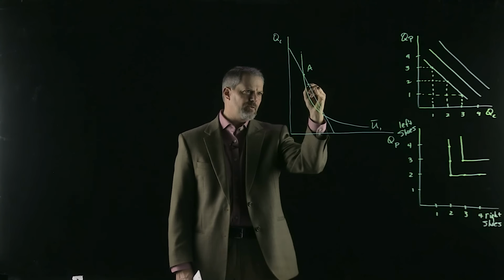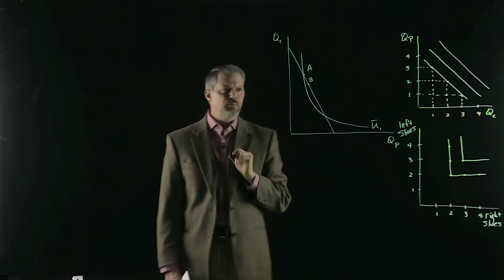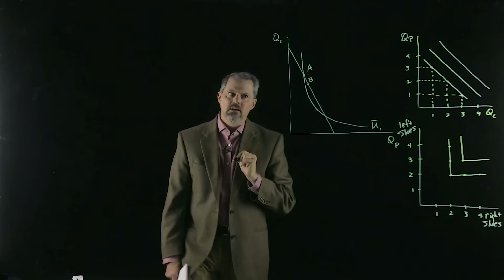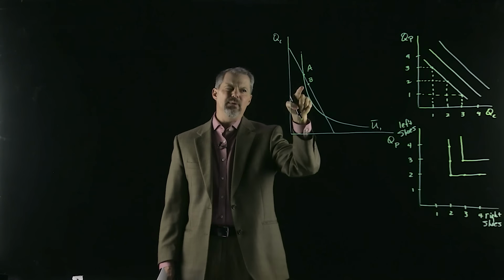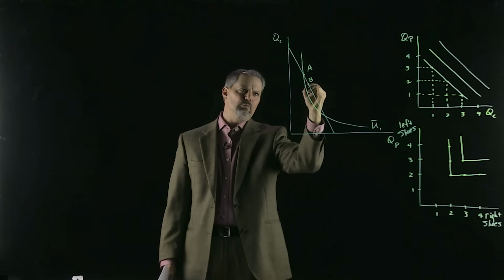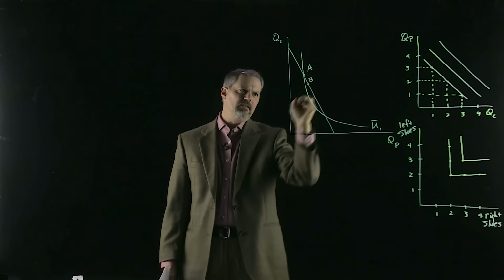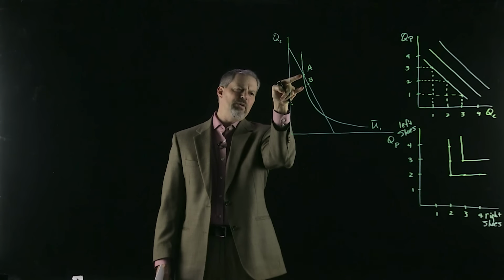For example, bundle B. The consumer can afford bundle B, and bundle B would be preferred to bundle A because it would be on a higher indifference curve. So if we think about this bundle right down here, the consumer is indifferent between A and that bundle.